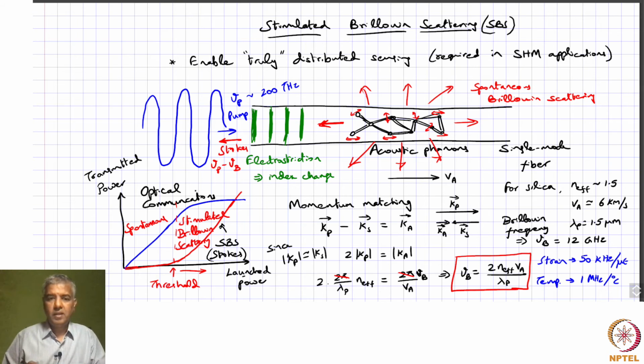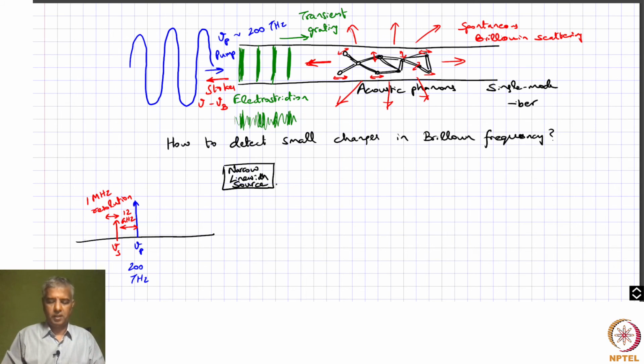But as far as sensing applications are concerned, you are fine with the lower threshold itself, because you really want to encourage stimulated Brillouin scattering. You want to be able to pick up more light in this Stokes wavelength. So, from that perspective, you really want to use a narrow linewidth source for these applications.